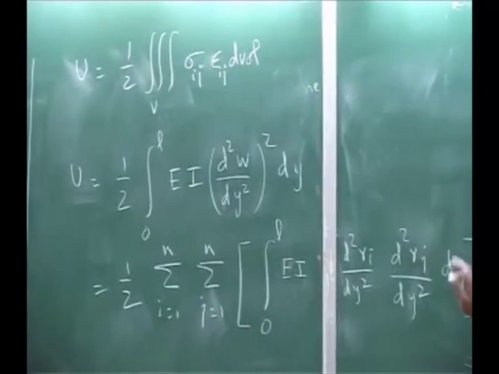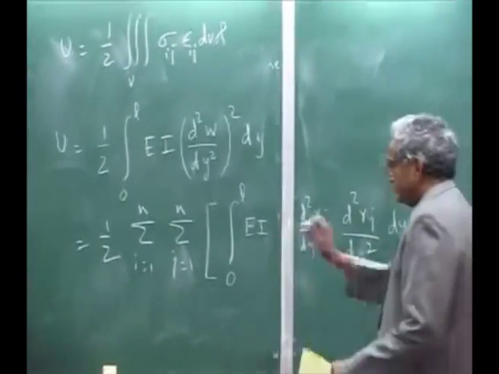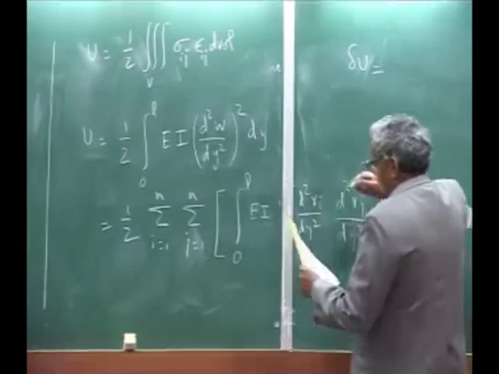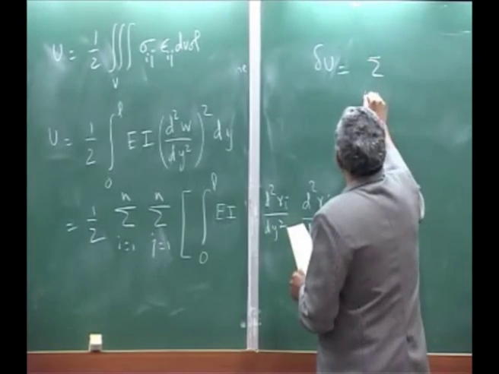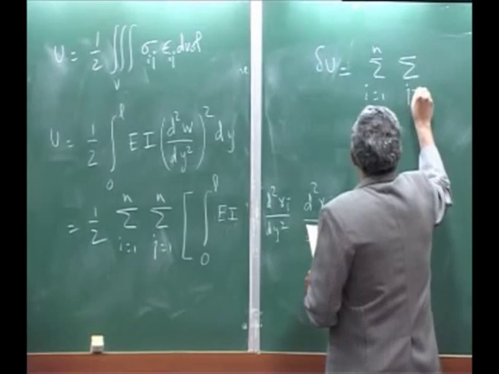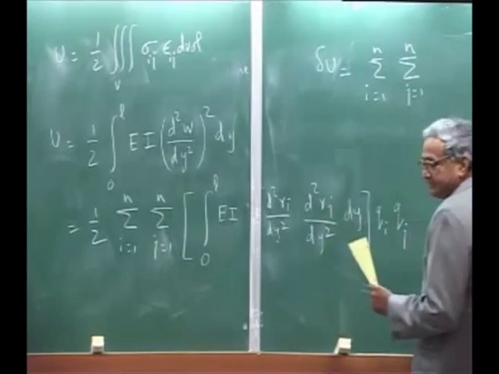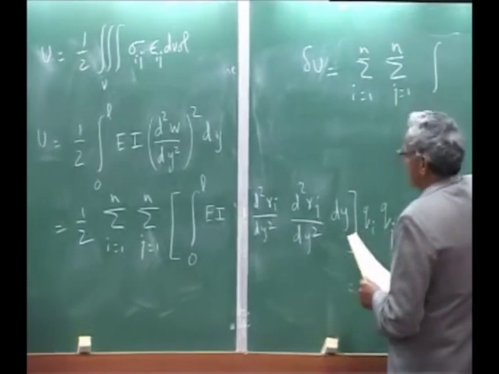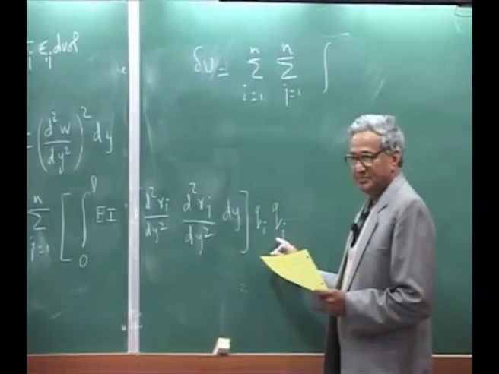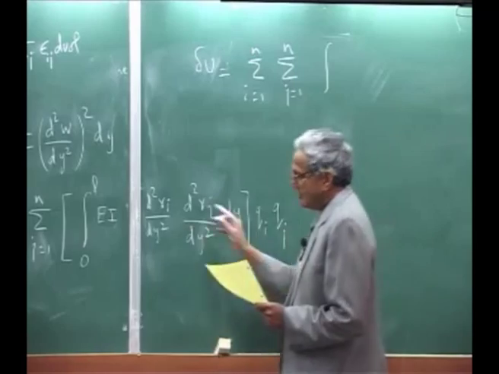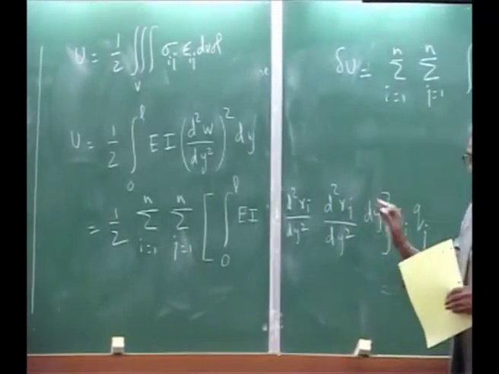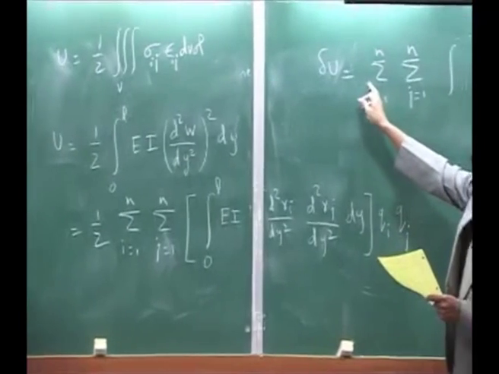When you take the variation, delta u becomes summation i running from 1 to n, summation j running from 1 to n, integral, because q_i q_j is actually a square term, there will be two terms. So the 2 will cancel out with these 2 if you really expand everything. That is why I have not put the 2 in here.